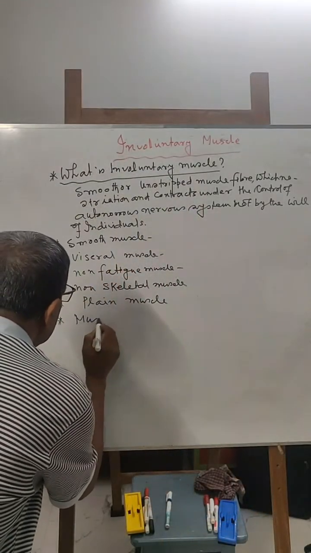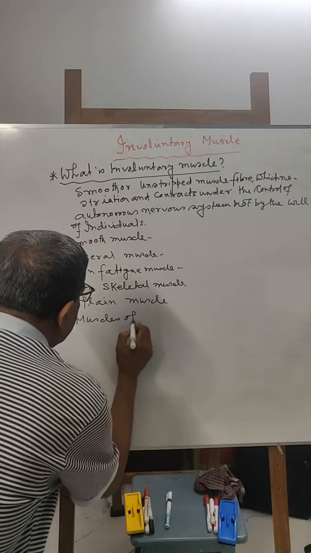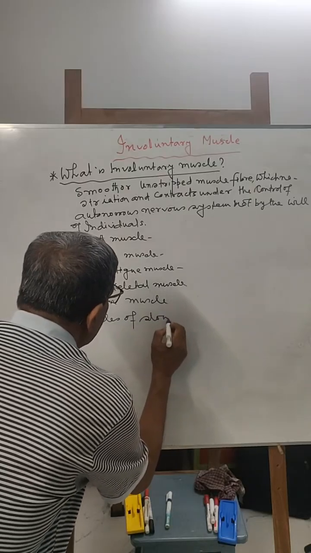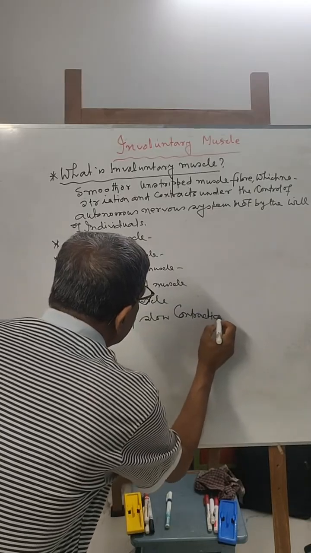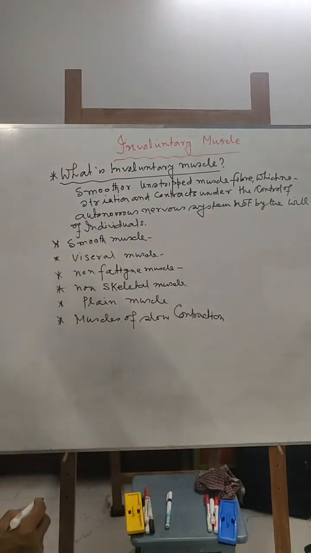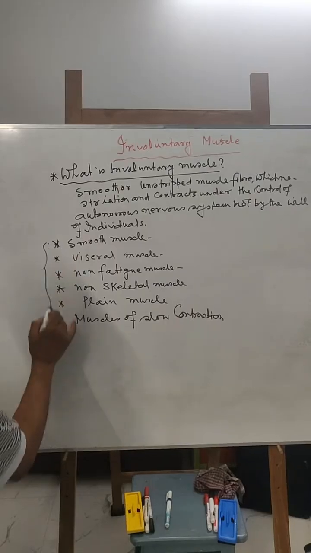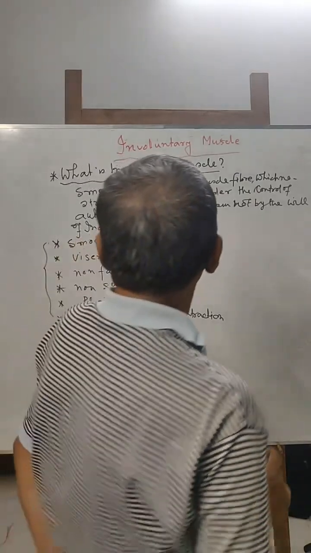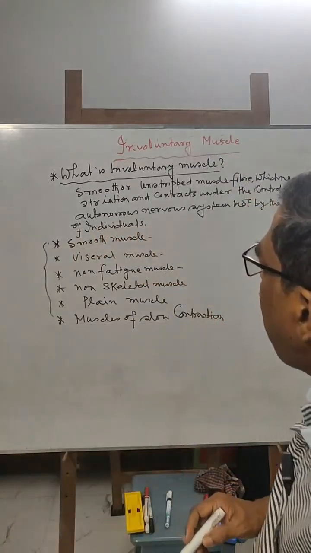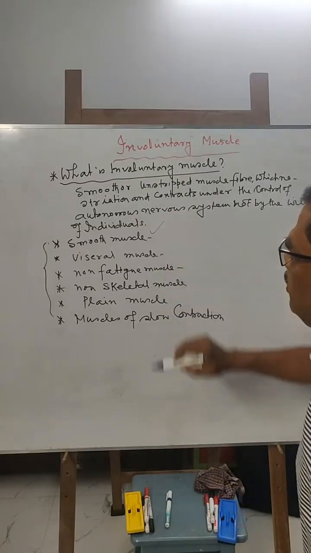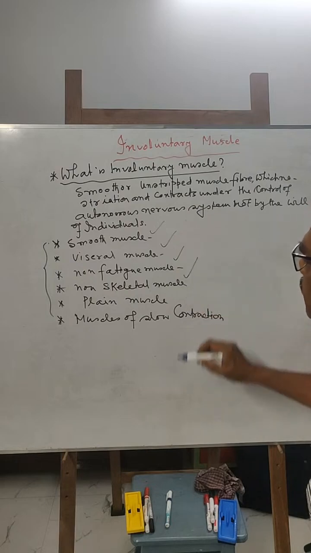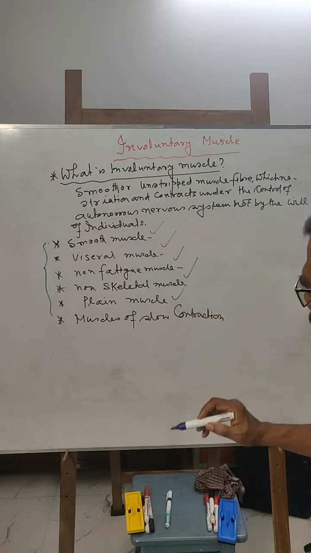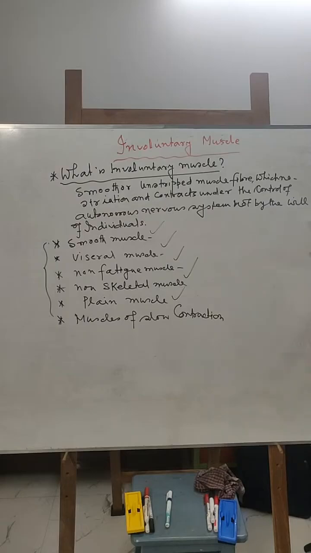These are the alternative names of the involuntary muscle: smooth muscle, visceral muscle, non-fatigue muscle, non-skeletal muscle, plain muscle, and muscles of slow contraction.